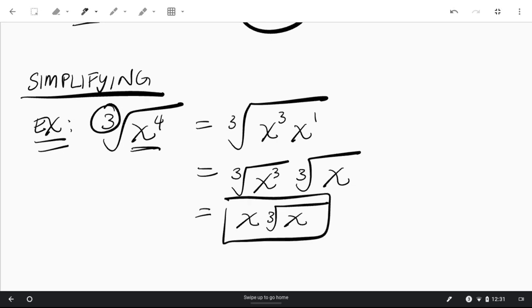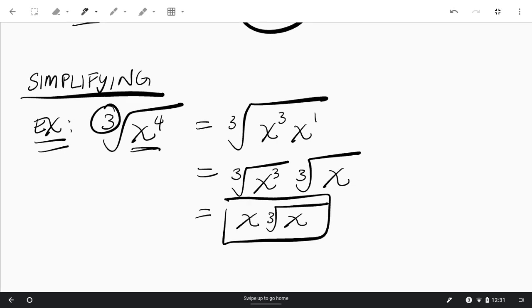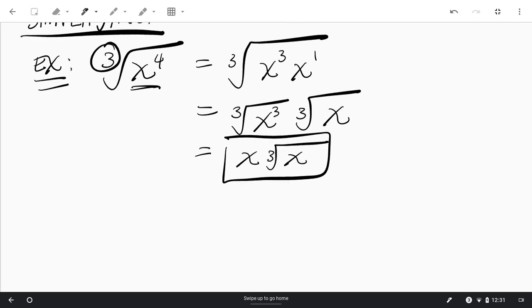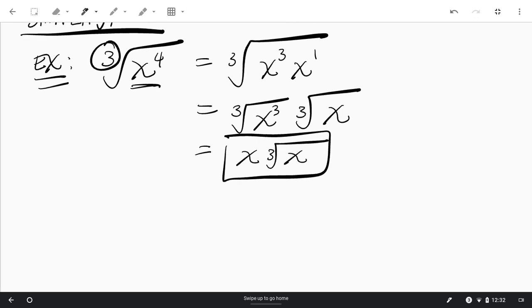If you learn how to do this by dividing the 4 by the 3 and then the remainder remains inside, that's fine too. Whatever method. Here I'm using the method where you split this x to the 4 up using x to the third. Okay, let's take a look at another one.